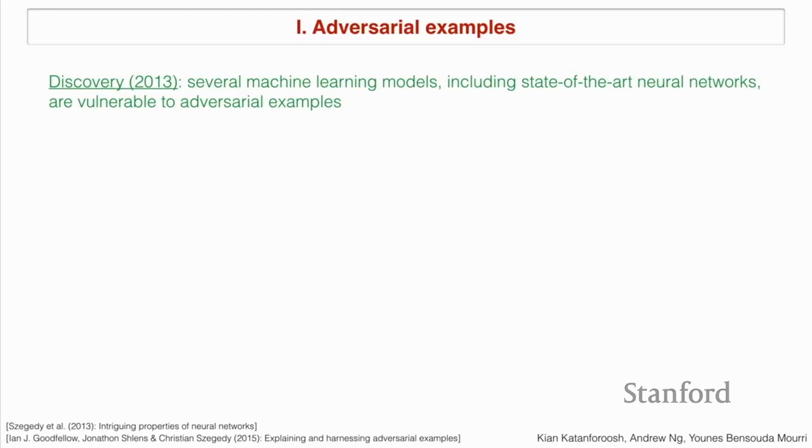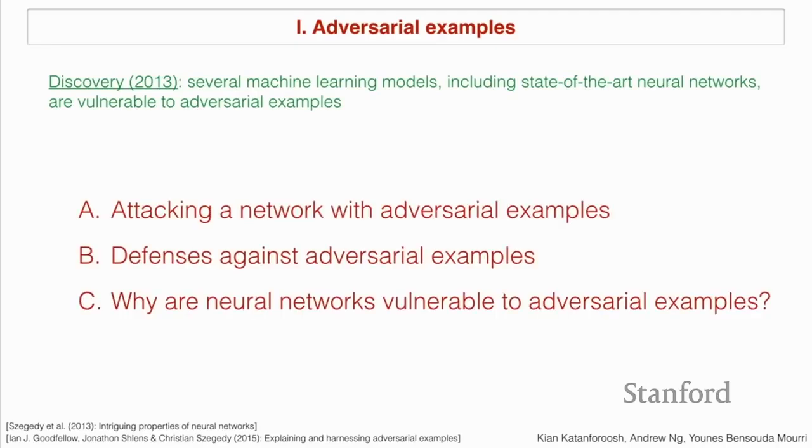You're going to learn what these adversarial examples are in three parts. First, how these examples, in the context of images, can attack a network in its blind spot and make the network classify these images as something totally wrong. Then, how to defend against these types of examples, and why networks are vulnerable to them.